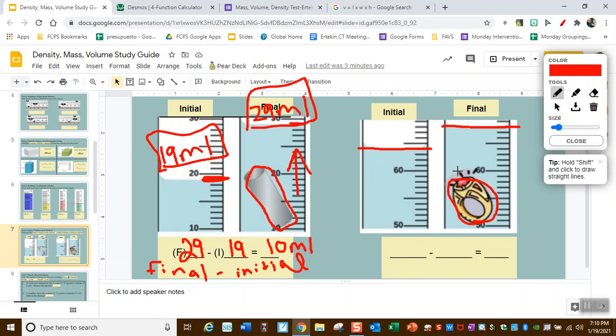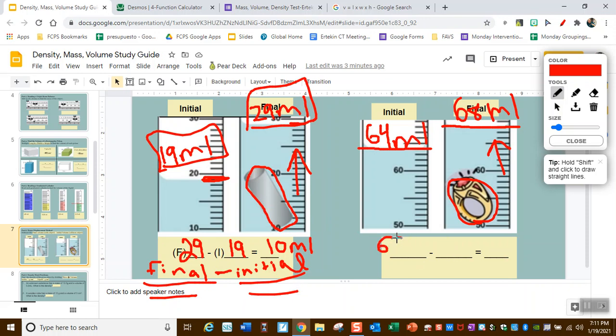So this initial volume without the ring, sin el anillo, is 60, 61, 62, 63, 64 milliliters, okay? And then we put the ring inside, it went up, okay? It got displaced. This is 65, 66, 67, 68 milliliters, okay? Remember, you always do the final number or the big number minus the initial volume or the small number.